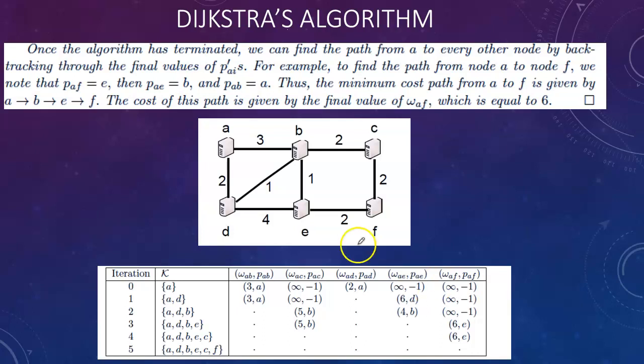Now, once Dijkstra's algorithm has terminated, we can find the path from A to every other node by backtracking through the final values of P sub AI.